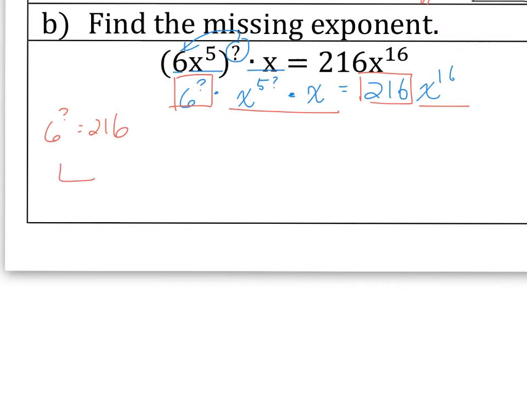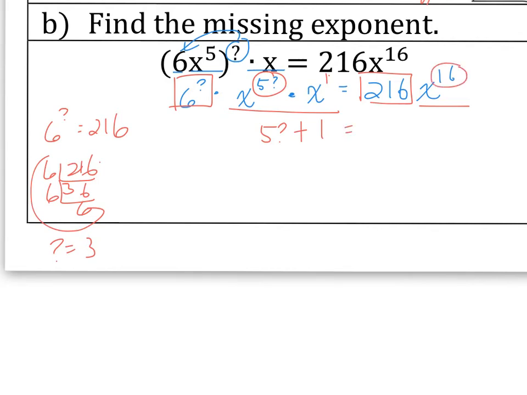By short division, I know that it takes 3 6s to form 216, so my question mark will be 3. I'm going to confirm this. I'm going to take 5 question mark plus 1 equal to the power of 16 here. 5 times question mark equals 15, and question mark equals 3.